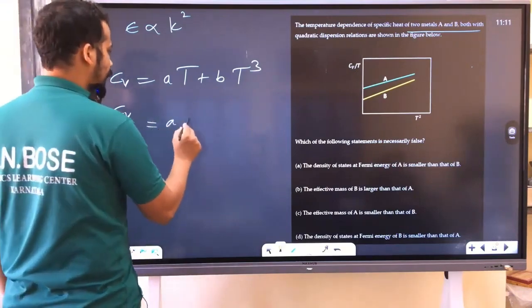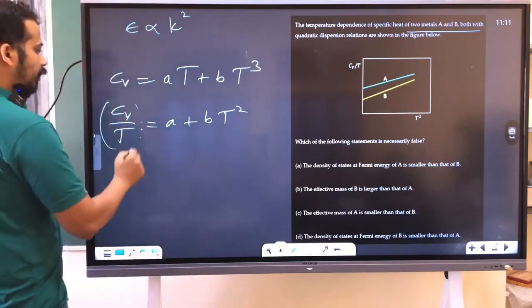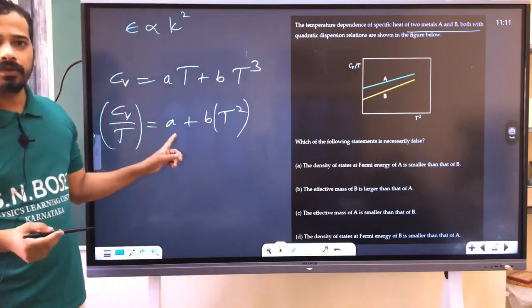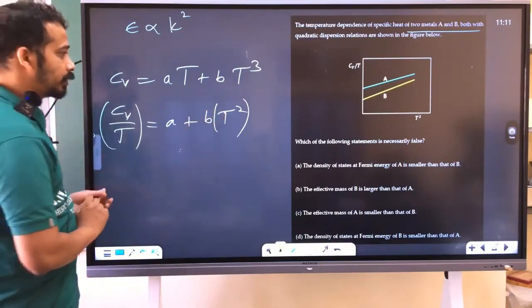But this one, A plus B T square, if you plot this versus T square, obviously it's a straight line passing through some y-intercept, isn't it? Now look here.